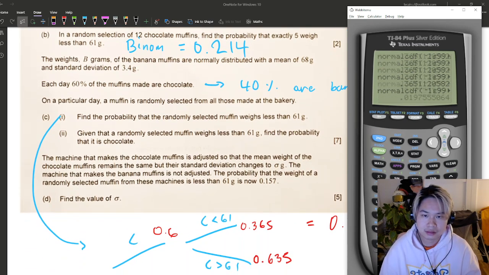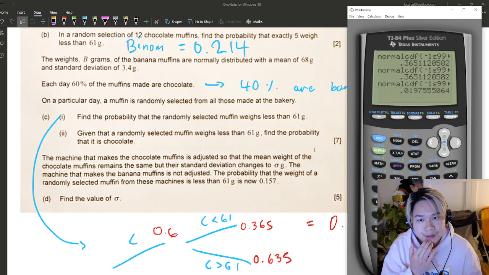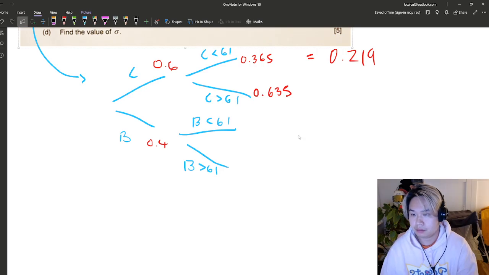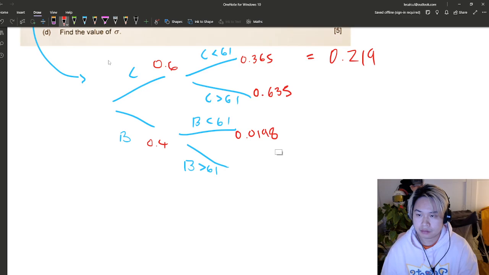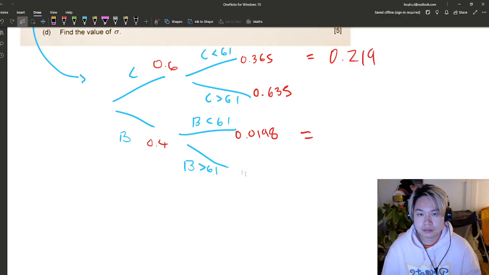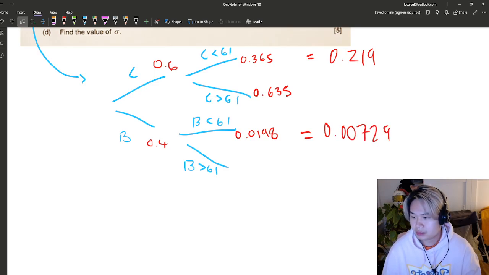Sure, whatever. Okay, 0.198. Okay, so probability of being less than 61 and it's a banana is going to be these two multiplied together. 0.00729, I think it was. Oops, other way around.